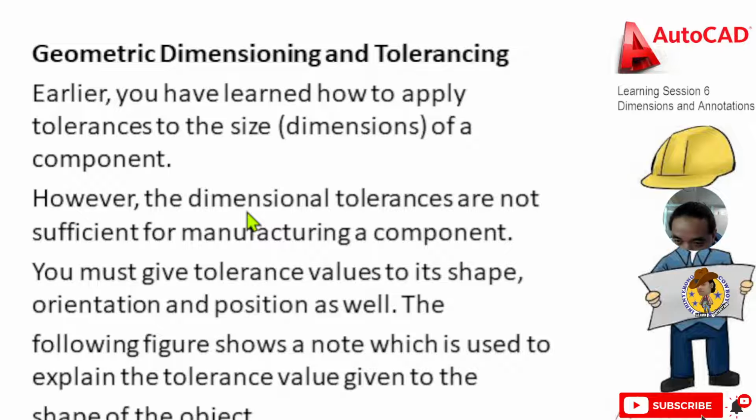However, dimensional tolerances are not sufficient for manufacturing a component. You must give tolerance values to its shape, orientation, and position as well. The following figure shows a note which is used to explain the tolerance value given to the shape of the object.